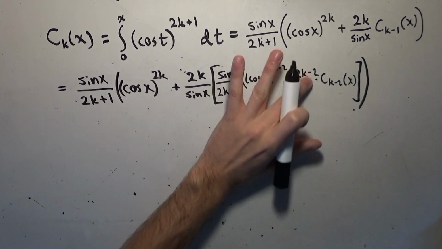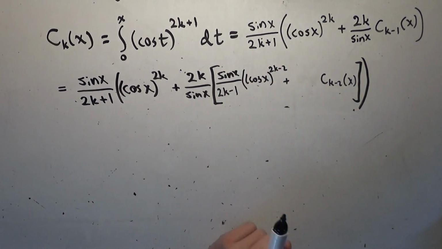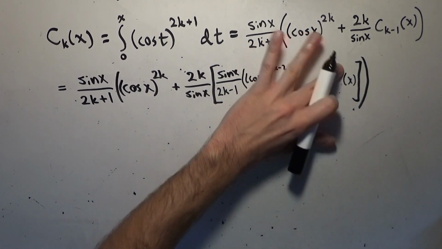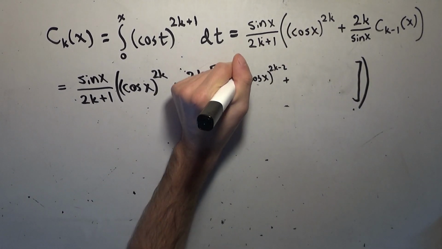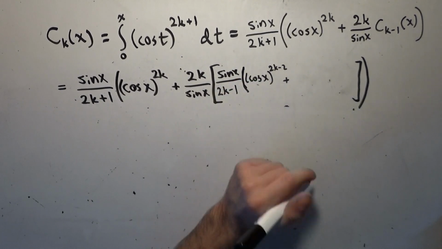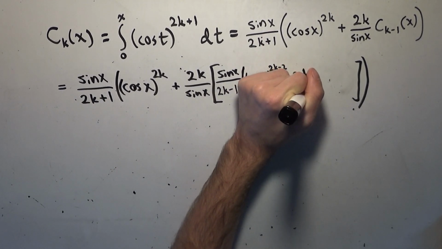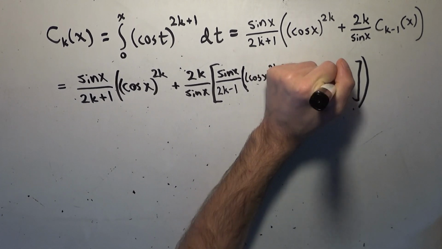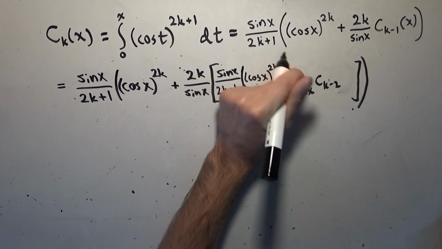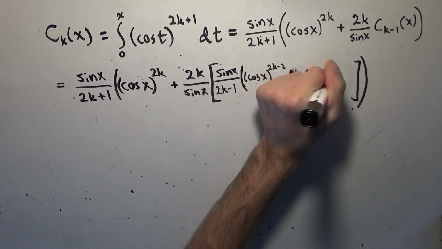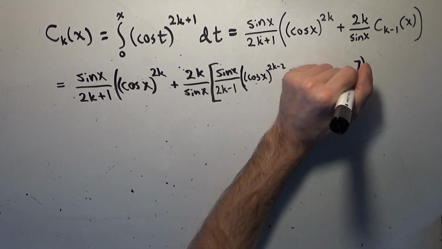I apologize, this should be written like this, sorry. So cosine of x to the power of 2k minus 1 plus 2k over sine of x times c_{k-2}, this should be, sorry, plus 2k minus 2 over sine of x times c_{k-2} of x.